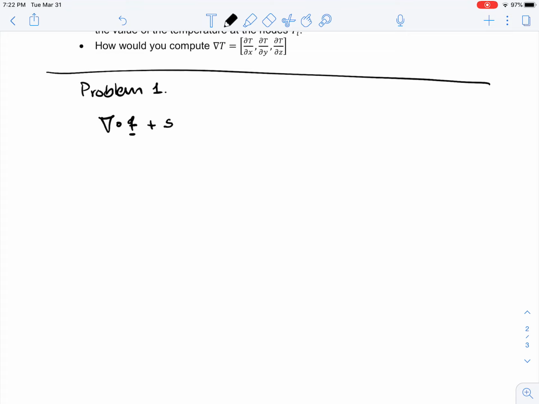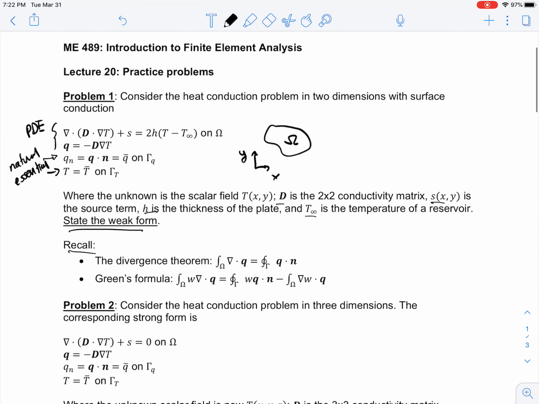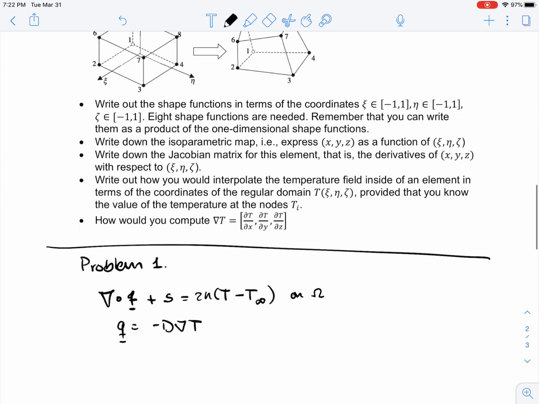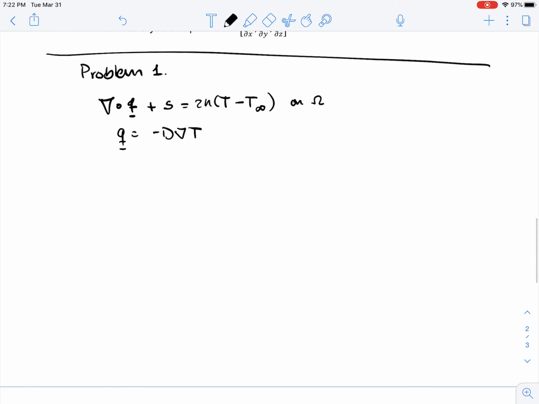Let me rewrite. So divergence of Q, which is the flux, plus the source term equals H times T minus T infinity. That's the PDE that we need to solve, with Q equals minus D gradient of T. I may have made a mistake up here. Yes, so I'm missing a minus here.